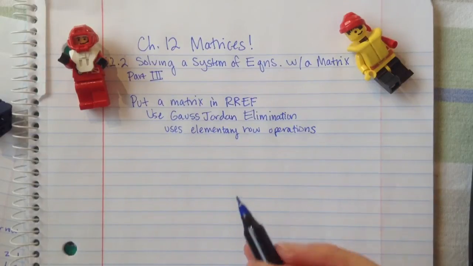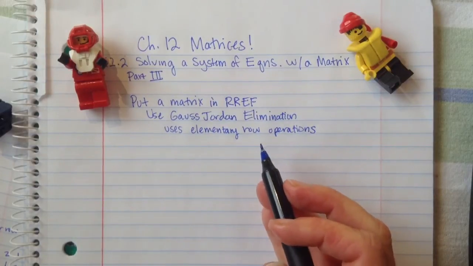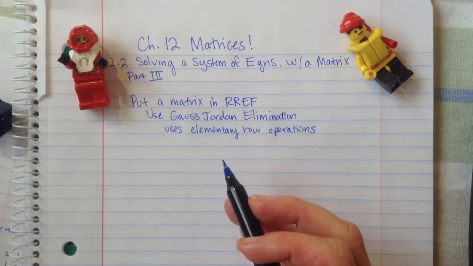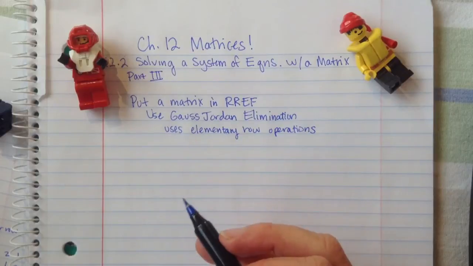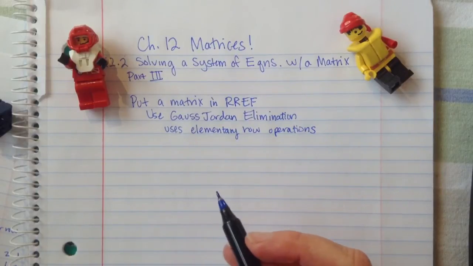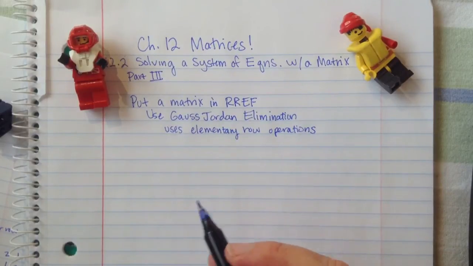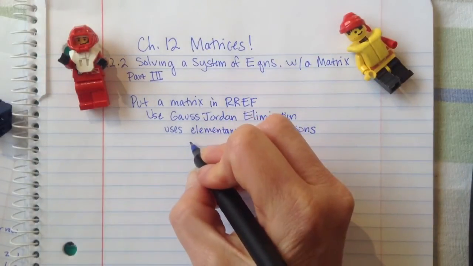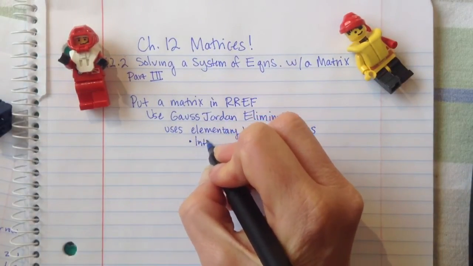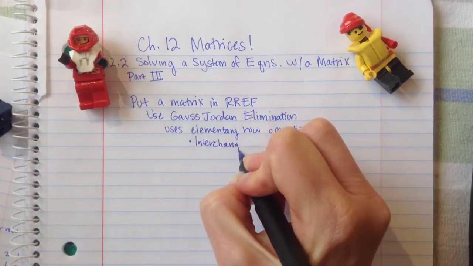And our elementary row operations are actually really similar to what we would do if we were solving the system without a matrix. We know how we use linear combination, or we multiply a row equation by something and add it to another row. Those are very similar to our elementary row operations. So we can interchange any two rows.